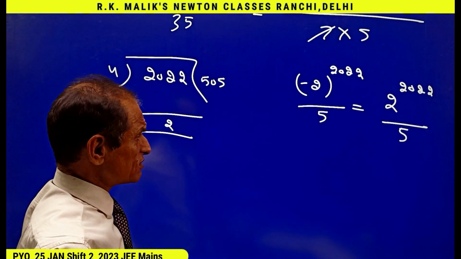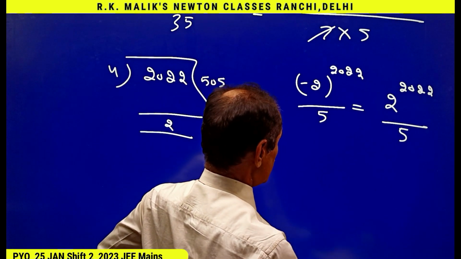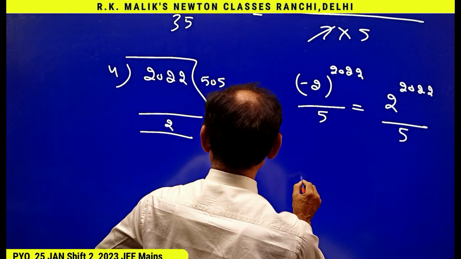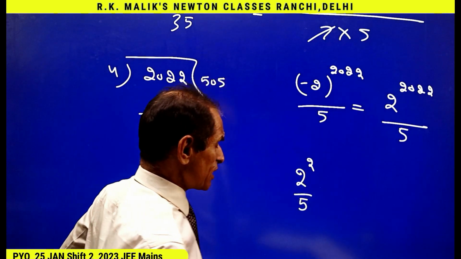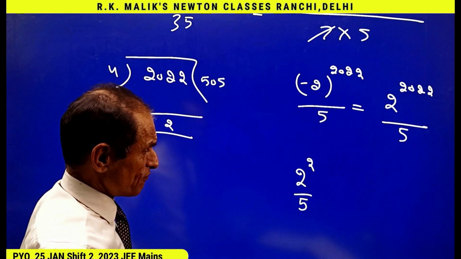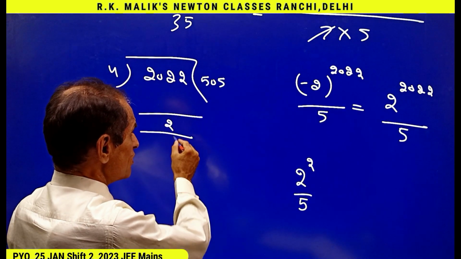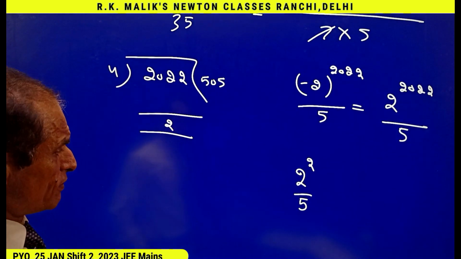And hence, using quotient method, I can say that when this is divided by 5 or when 2 to the power 2 is divided by 5, remainder will be same, because 2 is the remainder when 2022 is divided by 4.